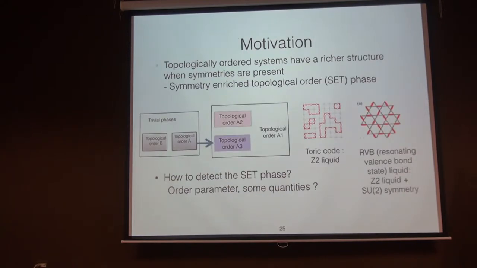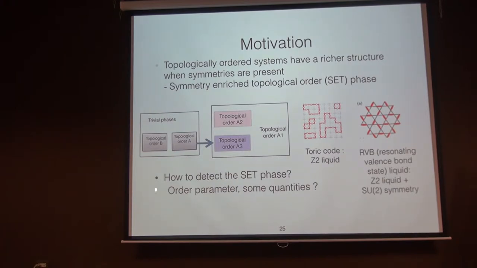Okay, so now I was giving you my motivation. We know the topological order phase, if we consider the global symmetry, then the symmetry will enrich the topological order phase. So they call it the symmetry enriched topological order phase.